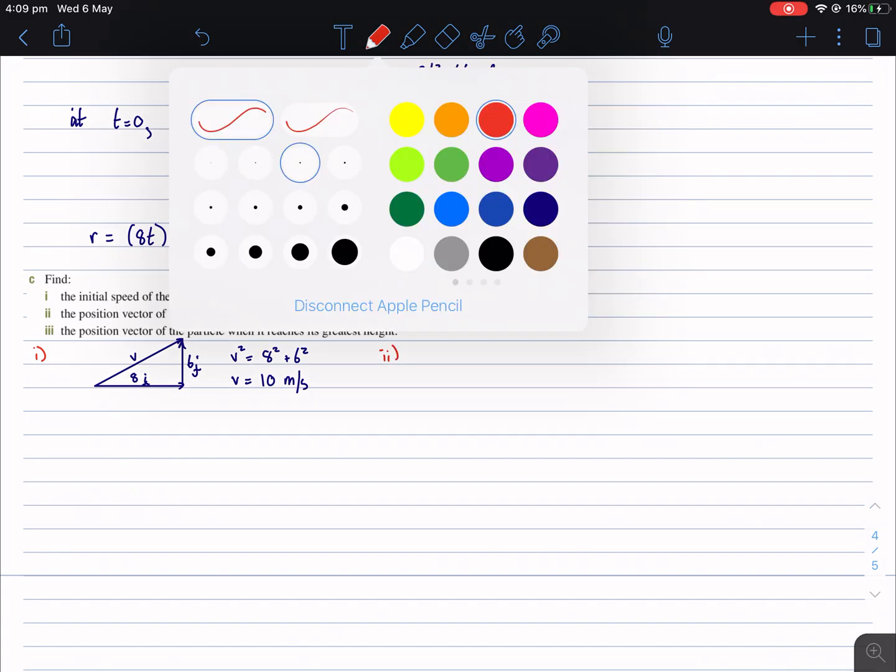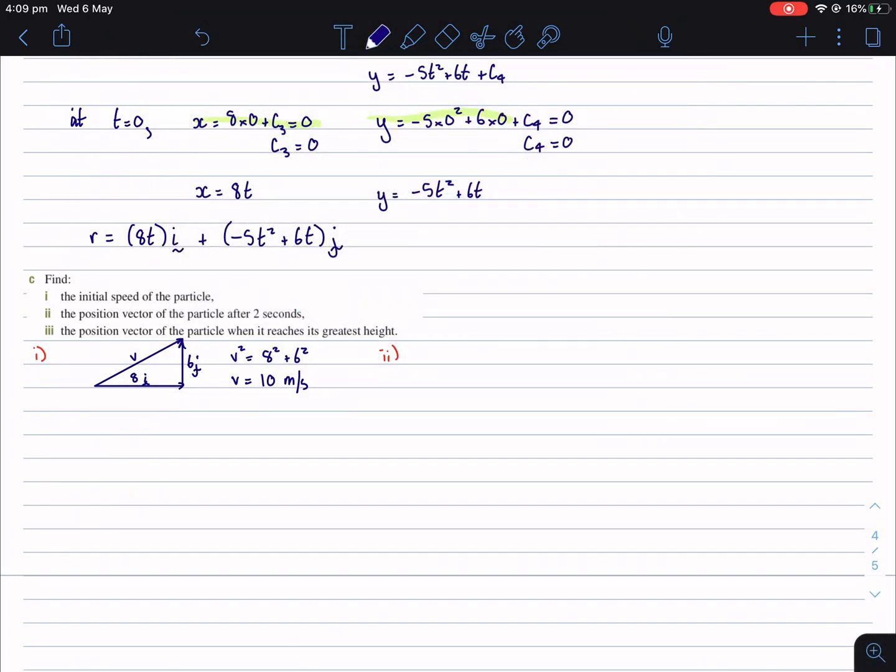The position vector of the particle after 2 seconds, so this is r, when t equals 2, r equals 8 times 2i plus -5 times 2 squared plus 6 times 2j. So the position vector is 16i plus (-5 times 2 squared plus 6 times 2)j, which is -8j.